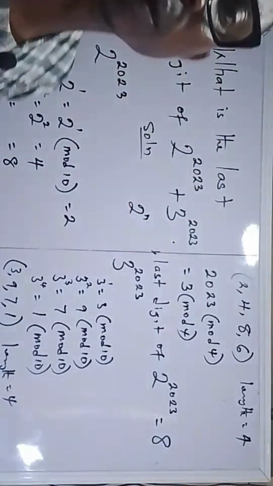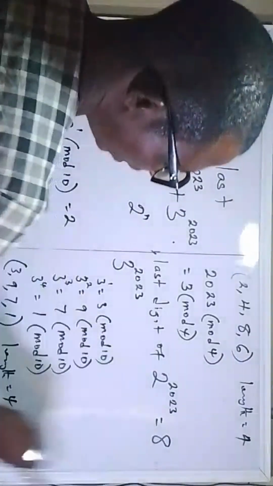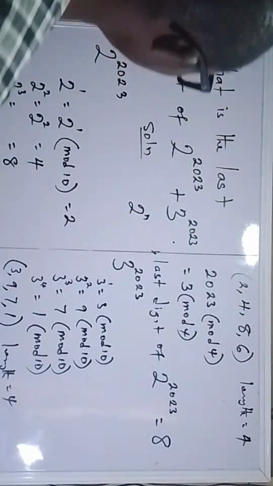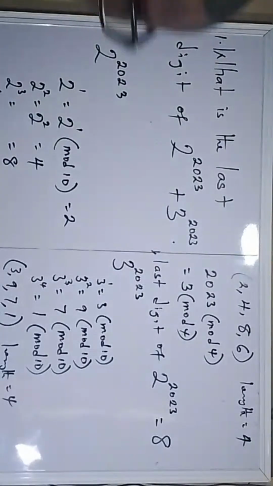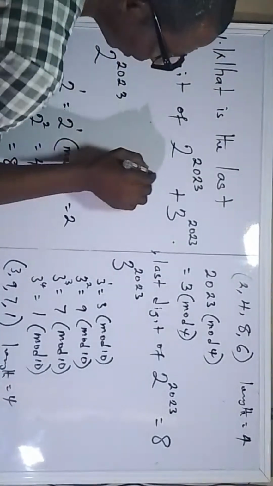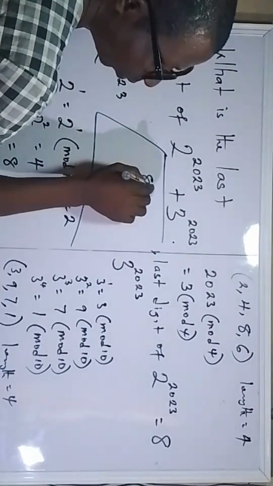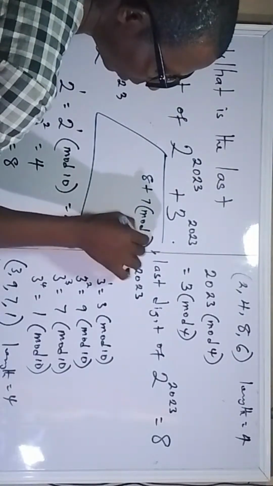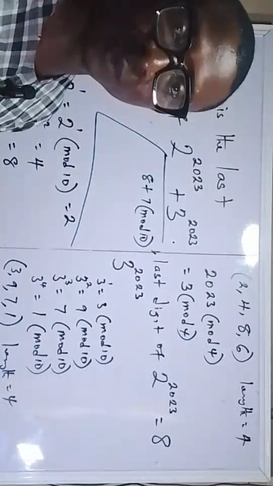Okay, so the next thing now is to add the last digits together because we have plus here. So we have 8 plus 7 in mod 10. Why is it going to be in mod 10?